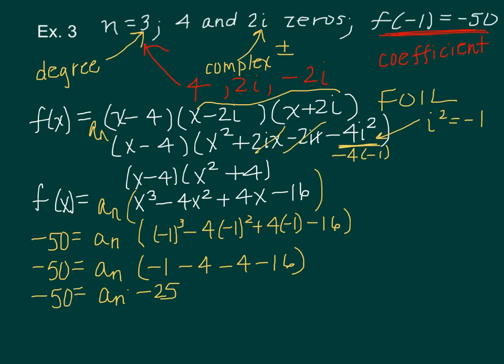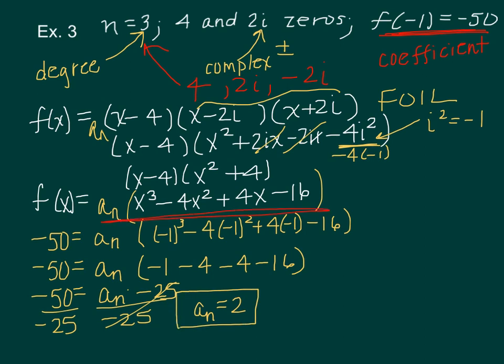So to solve, I'm going to divide. And so a sub n equals 2. So what that means is I'm going to multiply that polynomial that I got right here. Everything gets multiplied by 2.